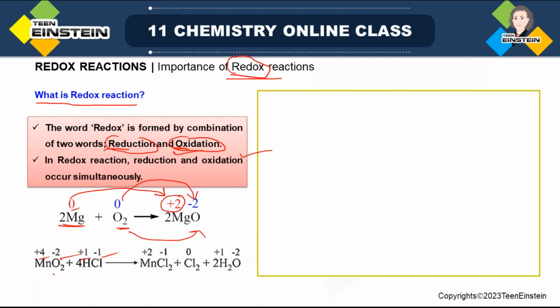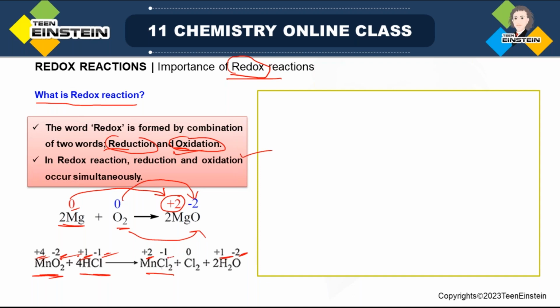In the second equation also we have MnO2, we have hydrochloric acid, and on the product side we have MnCl2, manganese chloride, we have chlorine gas, and we have water also. Here the oxidation numbers for all the atoms, left hand side and right hand side, are written. For Mn it is +4, after the reaction +2, that means it has gained 2 electrons. For oxygen it is -2, and here also it is -2, so there is no change. For hydrogen also it is the same, +1 before and +1 after.